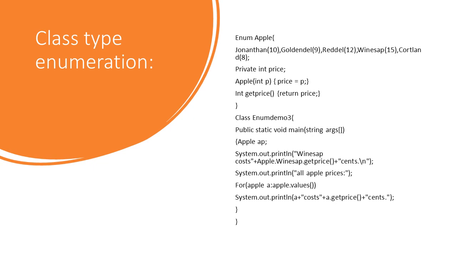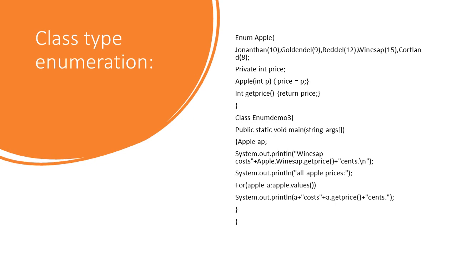The plus is nothing but concatenation, it is just used to add. So what is the price of Winesap? That is 15, plus cents. It gives output as: Winesap costs 15 cents.